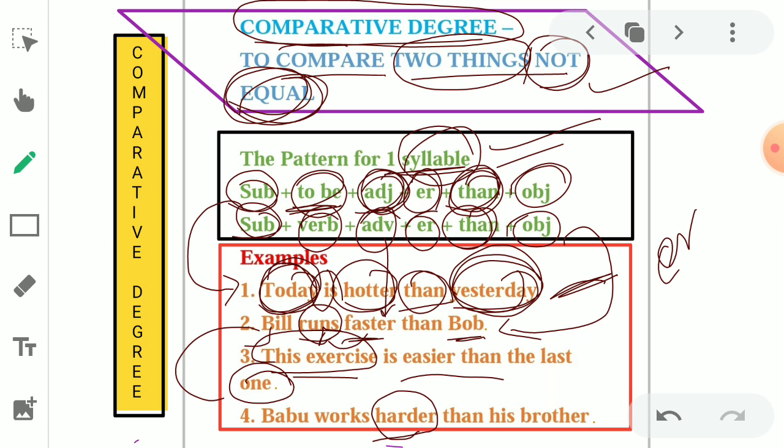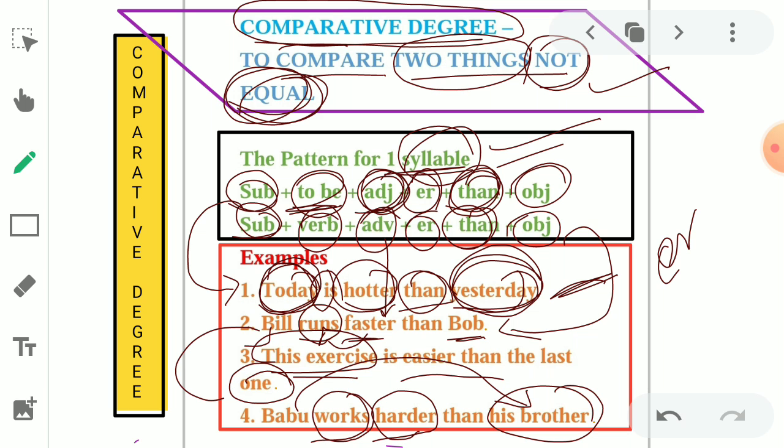Harder is used as an adverb, because the main verb is given, harder than his brother. Babu's work is compared with his brother's. In this way, we come to know whose work is harder in comparison, because both of them are not equal in their work.